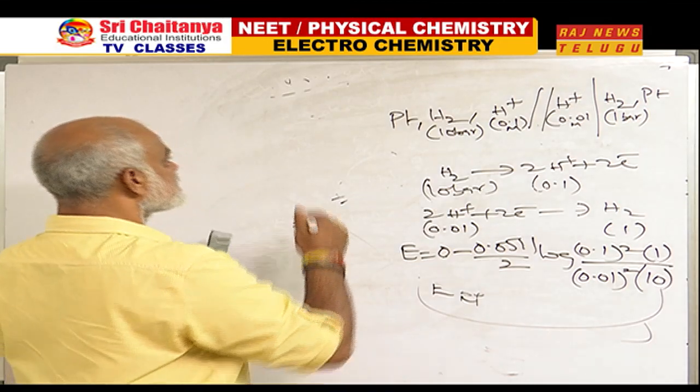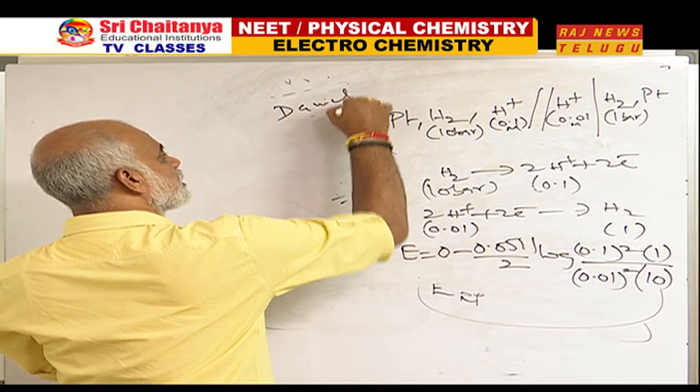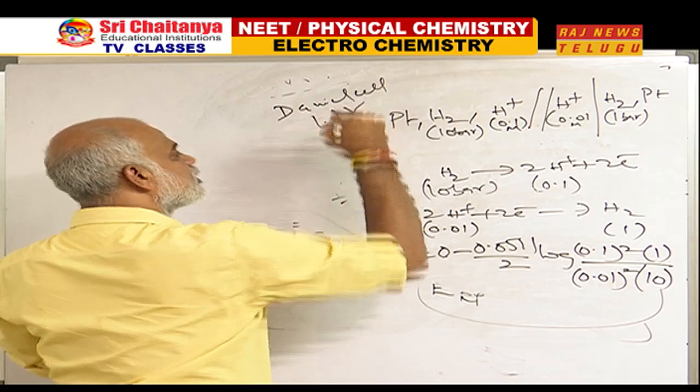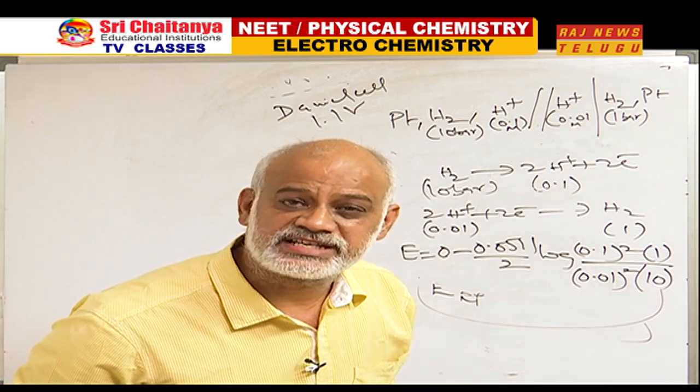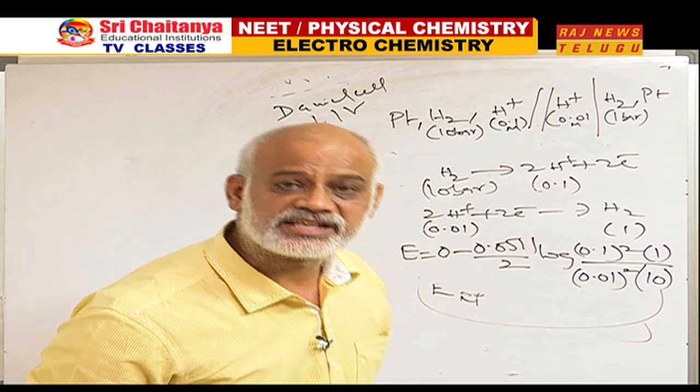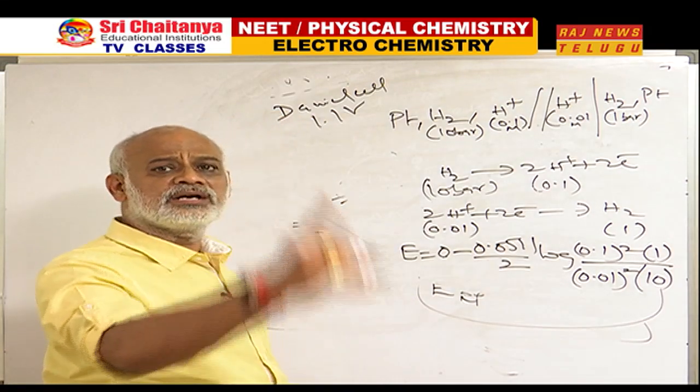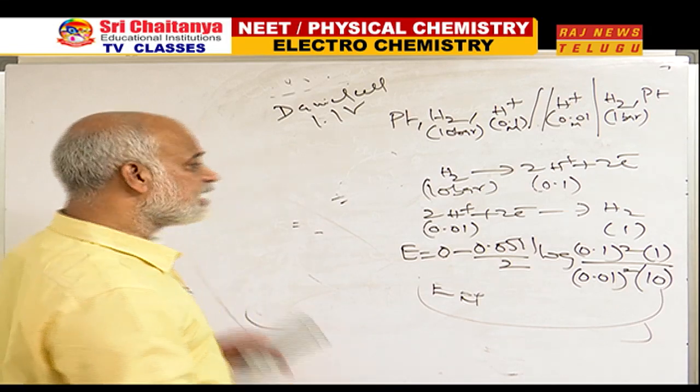Next, sir, Daniell cell, 1.1 volts. What is the equilibrium constant when the cell reaction in the Daniell cell attains equilibrium? How to calculate it? Daniell cell.